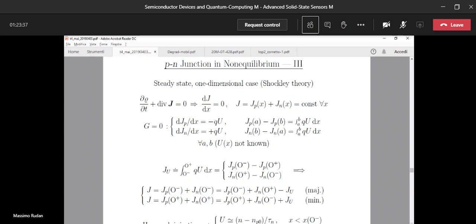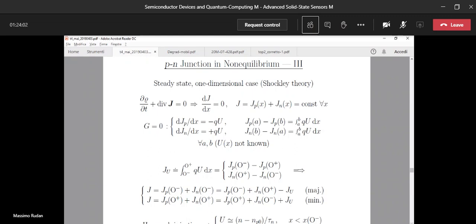We select them at the edges of the space charge region, okay? So we specialize the two expressions by letting B equal to O plus, A equal to O minus.